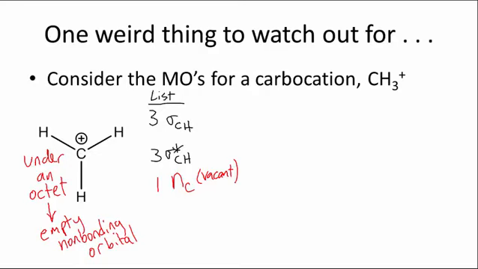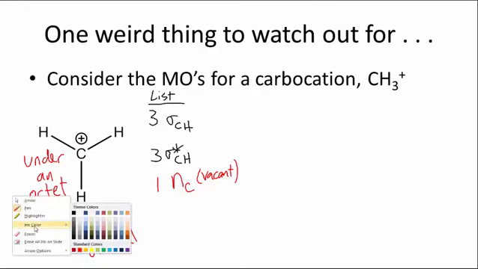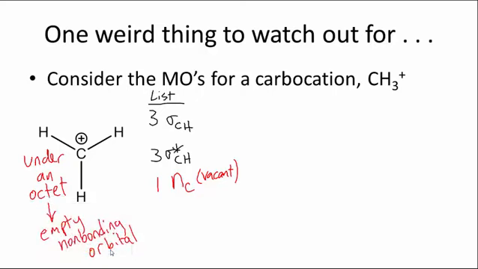To distinguish it from a lone pair, I'll usually include vacant after it, just because most of the time we think of those non-bonding orbitals as being lone pairs, but this one is an empty one. So this will be present anytime you have a carbocation or a boron atom that doesn't have a full octet.